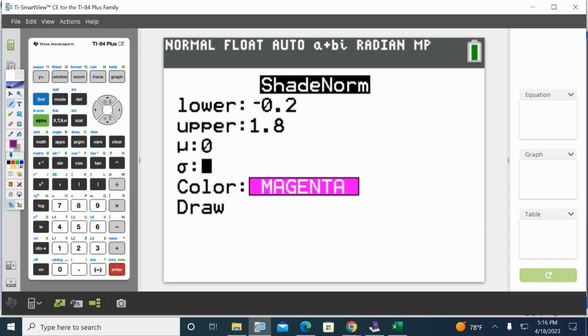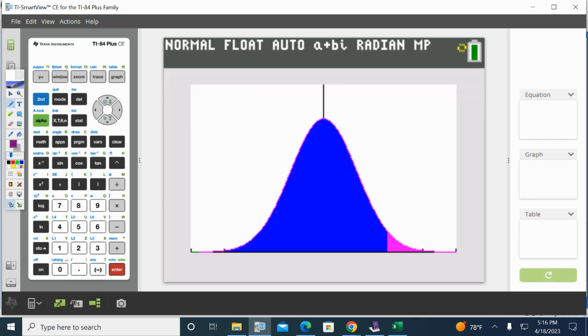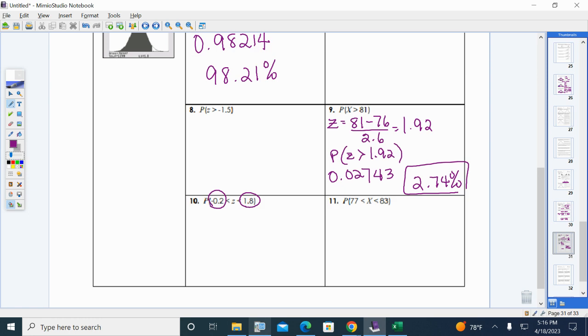I'm going to change my color again, just so you can see the difference here, and then hit draw. So the green represents the area, which is 0.54333, which is 54.33%.